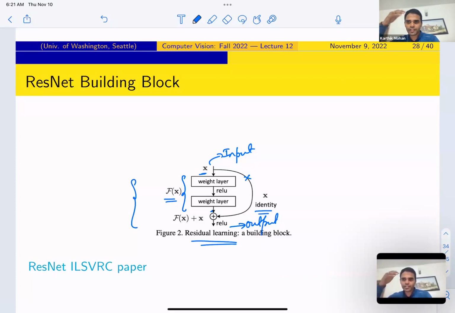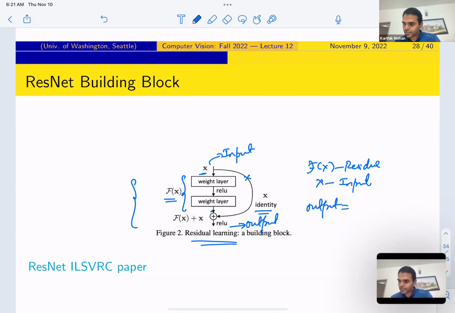Because you have not transformed the input. You've taken the input as it is and just copied it over, but you've added to it a residue. So you can say f of x here is a residue, and then x is your input, and your output is x plus the residue. Okay, so at this point.